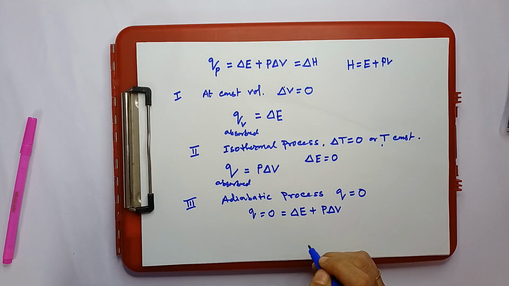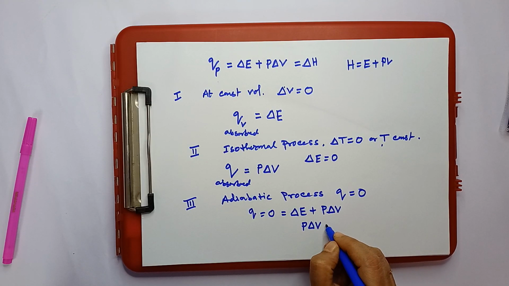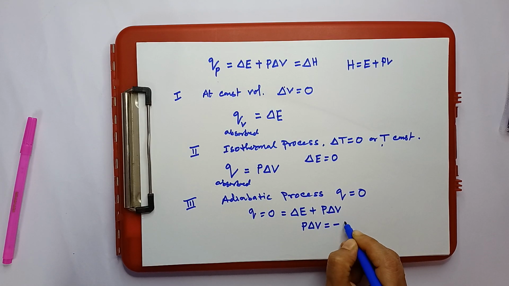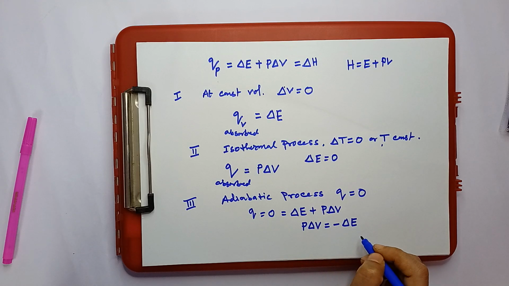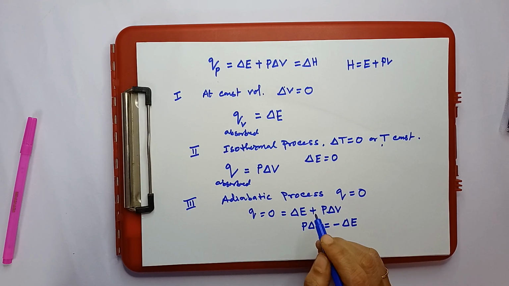In that case what will happen? This pressure volume work done by the system will be done at the cost of its own internal energy. Therefore, internal energy decreases. The system is doing the work. Gaseous system, just imagine it is pushing the piston. It is undergoing expansion, but for that it needs energy.